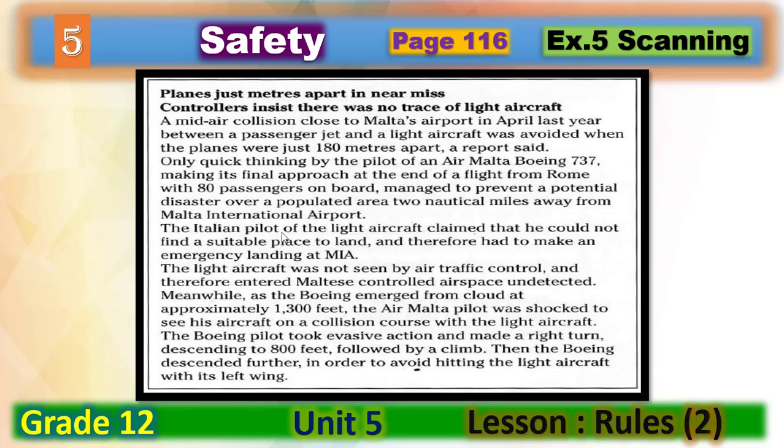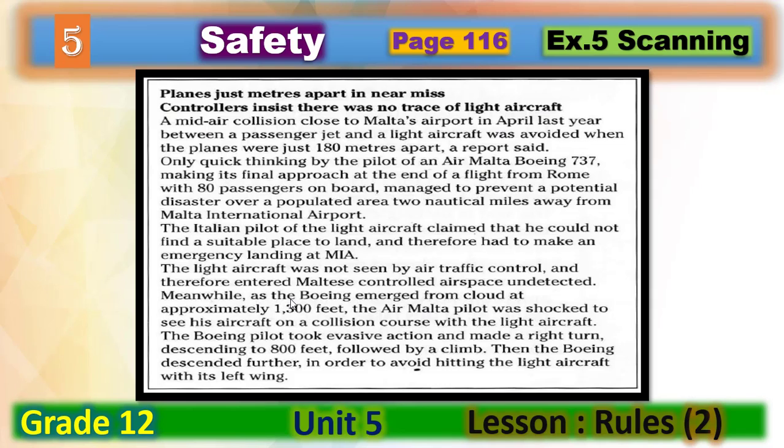The Italian pilot of the light aircraft claimed that he couldn't find a suitable place to land and therefore had to make an emergency landing at MIA. The light aircraft wasn't seen by air traffic control and therefore entered Maltese controlled airspace undetected.